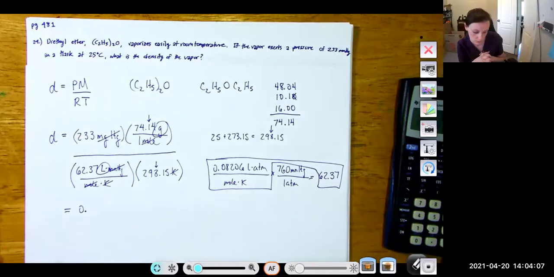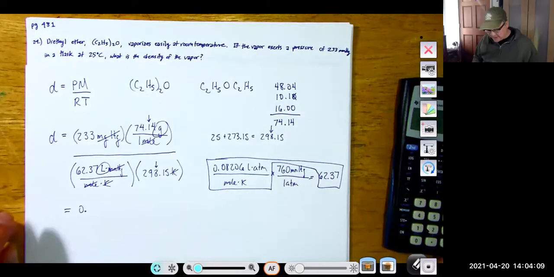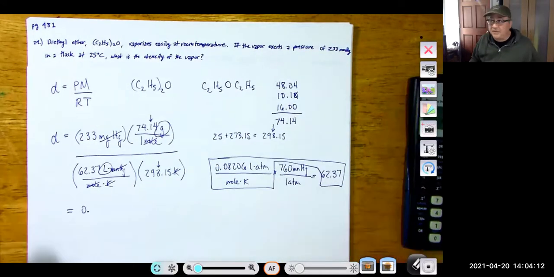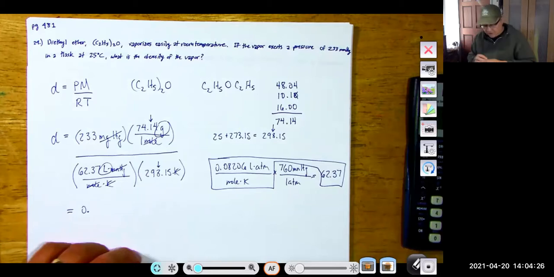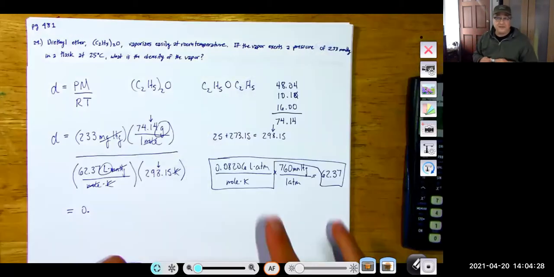Just like you memorize other things like 1 centimeter cubed equals 1 milliliter. No one writes that on their note card because they memorize it. Just like most people don't write 2.54 centimeters equals 1 inch because you just memorize it. So these are common ones to memorize.